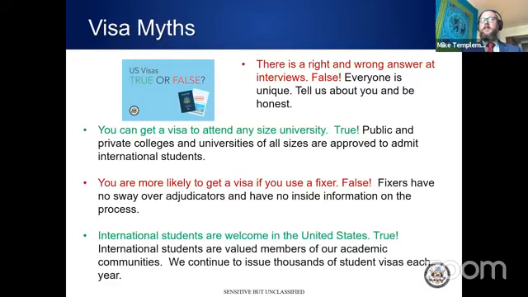A lot of people think that you need to go to a particular type of university or program. You actually can get a visa to attend any type of university or program in the US that is approved to admit international students.